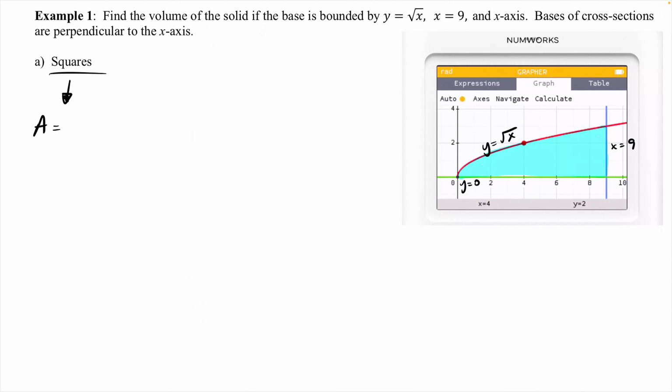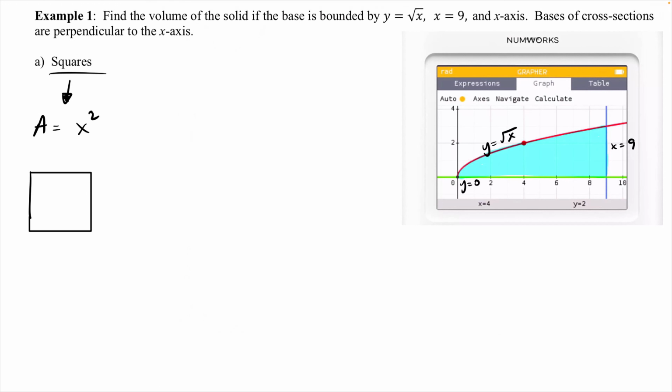How do I find the area of a square? x squared, s squared, x times y, whatever you want. All sides are the same, so for a square, all four sides are exactly the same.